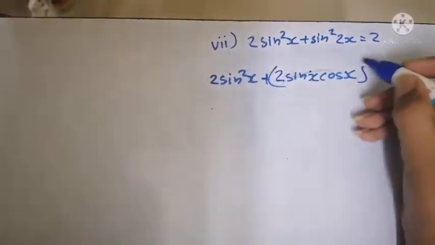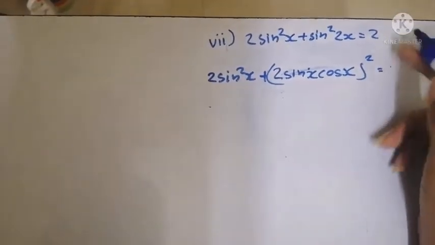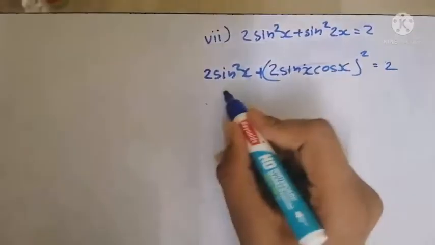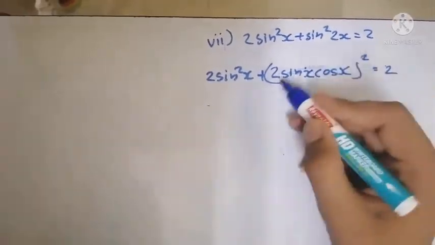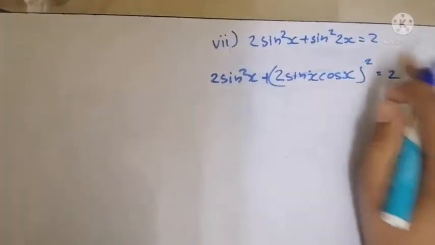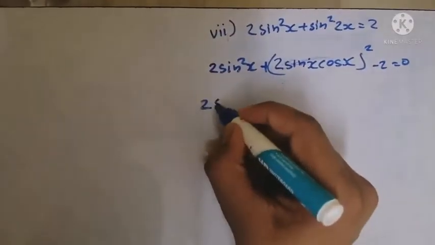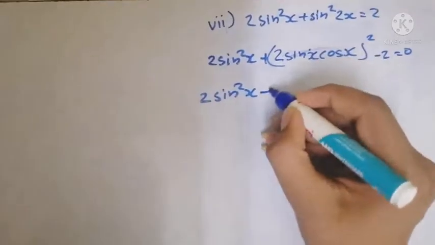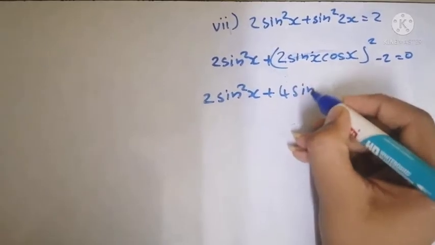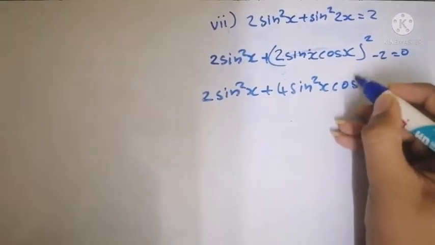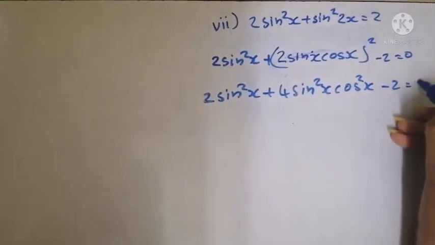This is the sin 2a formula. Now taking the square: 2 sin square x plus 4 sin square x cos square x minus 2 is equal to 0.